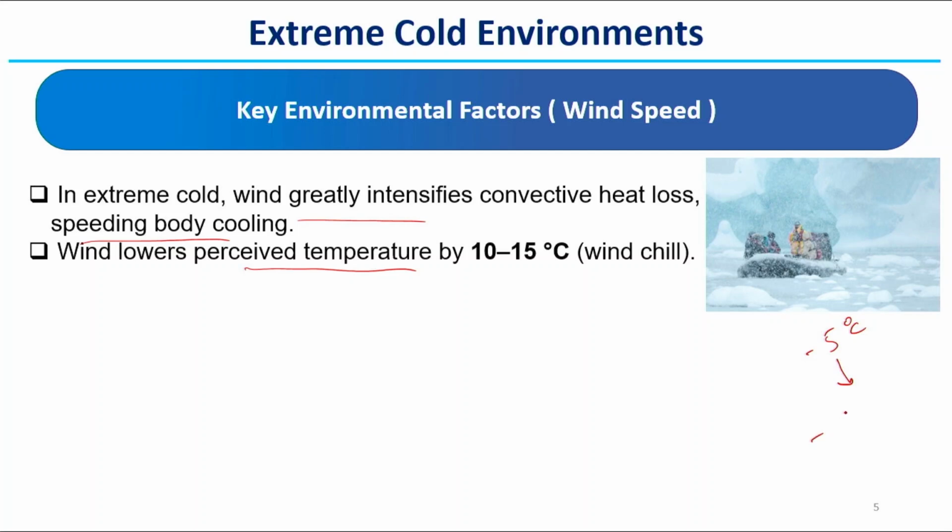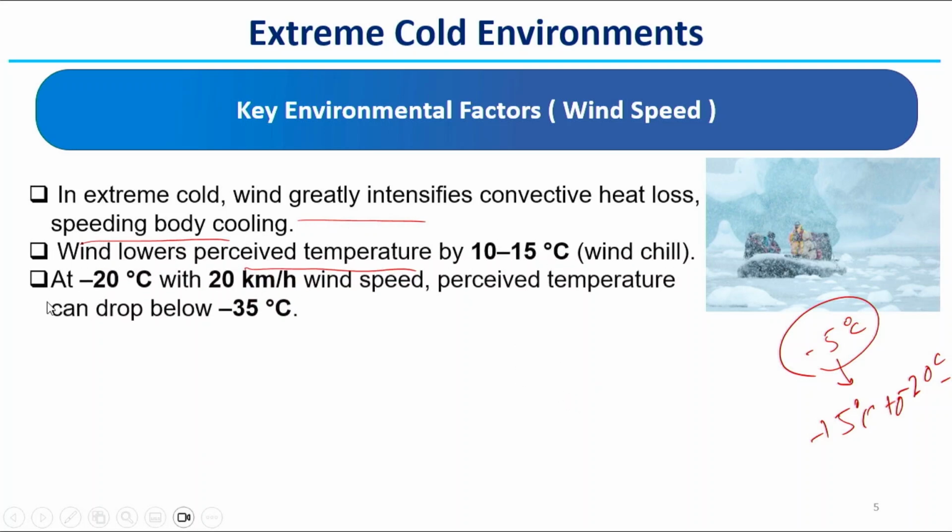So, we may feel maybe minus 15 degrees Celsius or minus 20 degrees Celsius. Even if the air temperature is minus 5 degrees Celsius, when the wind starts, it will be very chilled. That is called the wind chill effect, because of the very quick heat release due to convection.